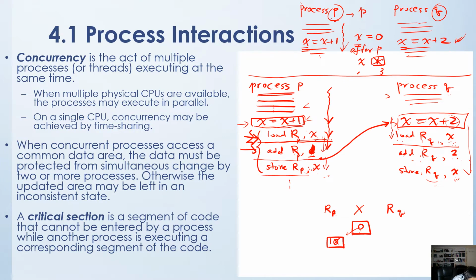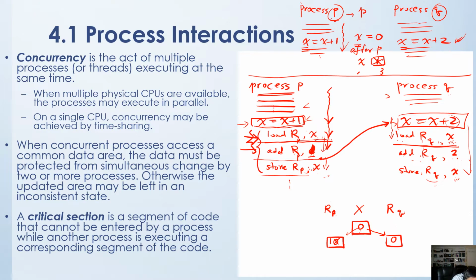But the value hasn't been stored in X yet. So the value in X is still 0, right? So when you load X to RQ, you still load 0 to RQ. Even though the value in the register RP has been changed to 1, it hasn't been stored back to X. So X is still 0.